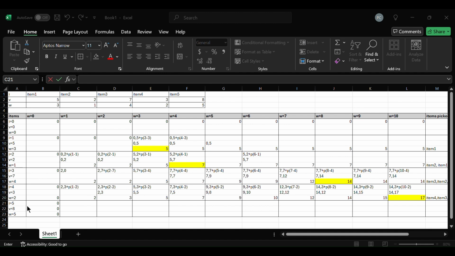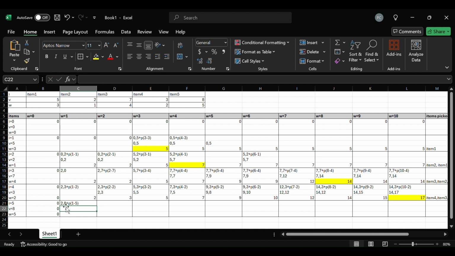Okay, now we're on this final item, item 5, and we'll repeat those steps again. So did not pick up 2 versus pick up will be 8, right? The value of item 5 is 8, plus the profit of the remainder, 1 minus the weight of 5. So here we'll be left with 2, did not pick up, 2 did not pick up.